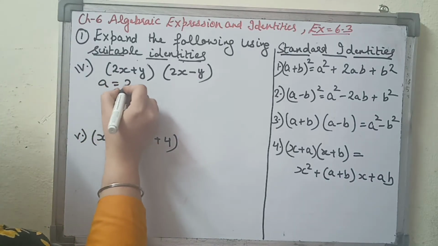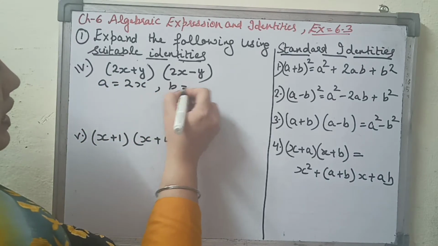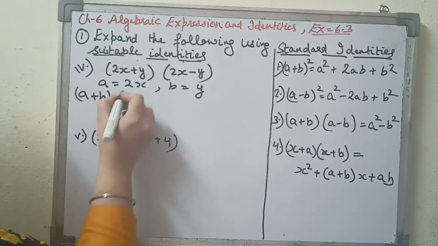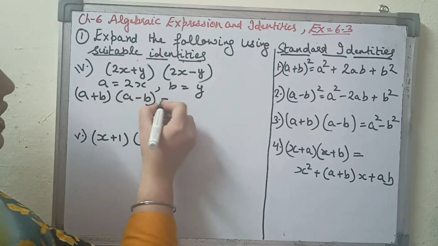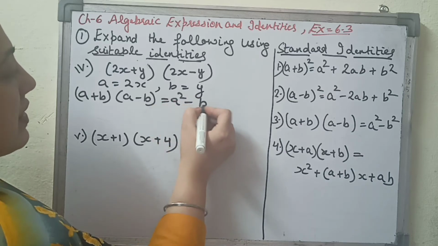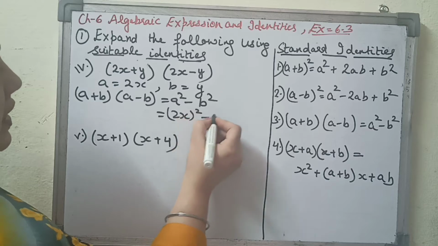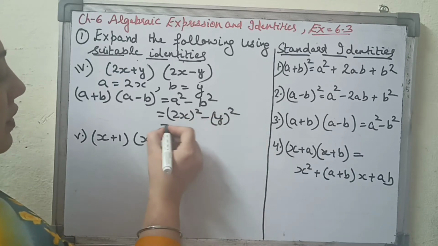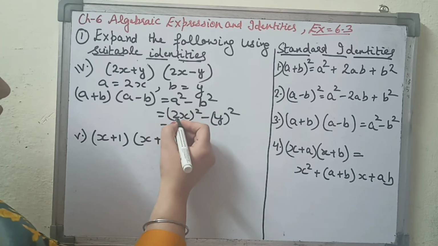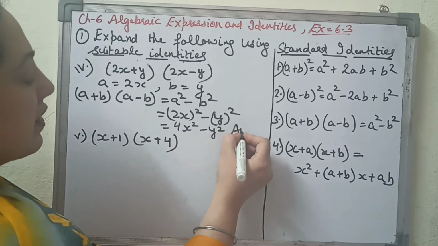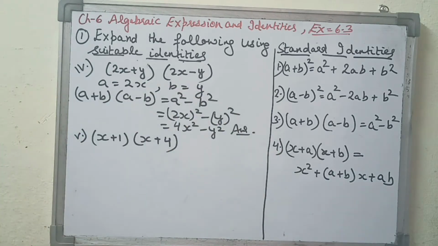Here first of all take a, that is 2x, and b it is y. Now write down the third identity, (a plus b)(a minus b), it is a square minus b square. Now again put the value here, (2x) square minus y square. Now do the square of this term, 2 2s are 4x square minus y square. This is the answer of the fourth part.